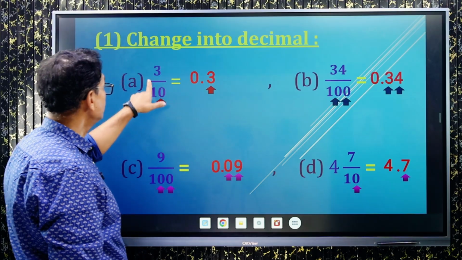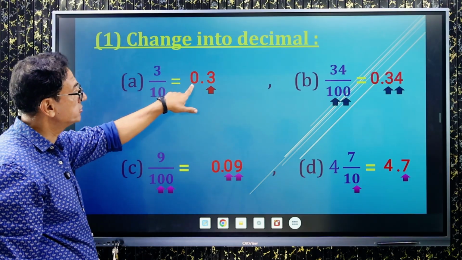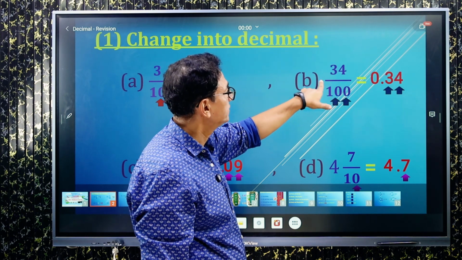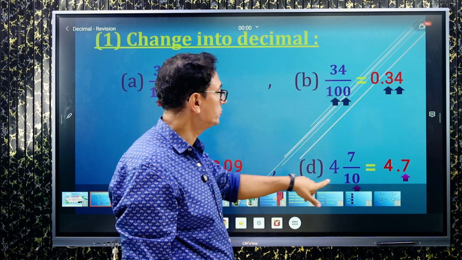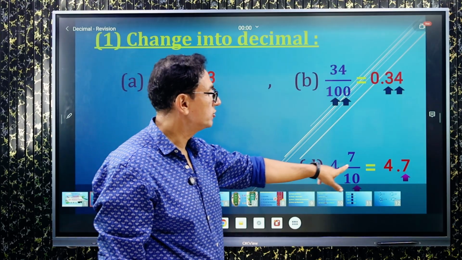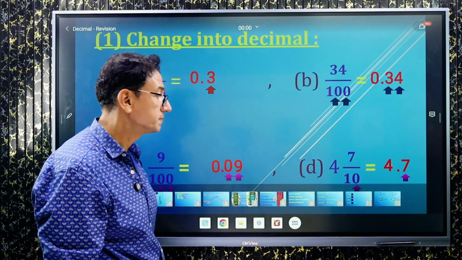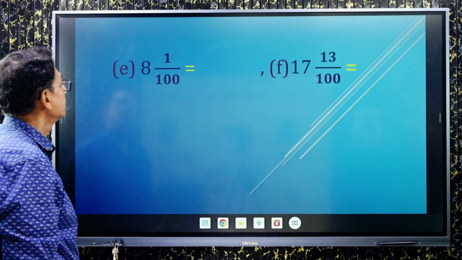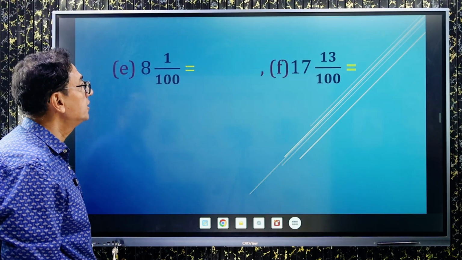In E, we have only a fraction, so we will write 0 at the left. We have in B a fraction, so you write 0, but in D we have 4 at the left, so we write 4. 8 and 1 over 100.